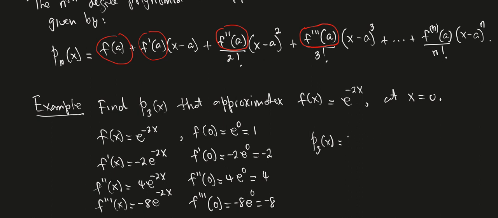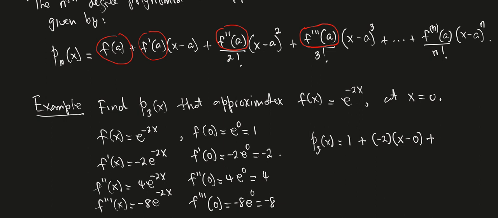So our function value is 1, and then it's going to be plus our derivative value, which is negative 2. I'm not going to simplify it right away. I just want you to see where everything is going. So f of 0, f prime of 0 times x minus 0. If we stop there, that's just a linear approximation, but we want more.